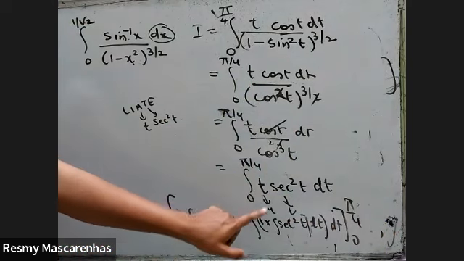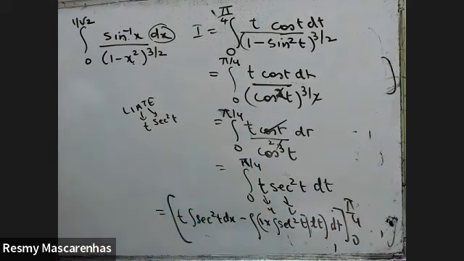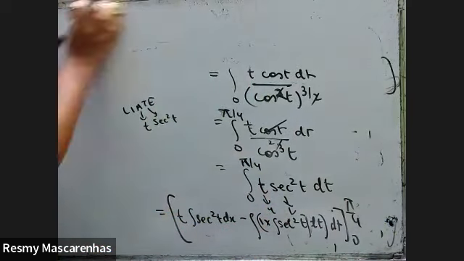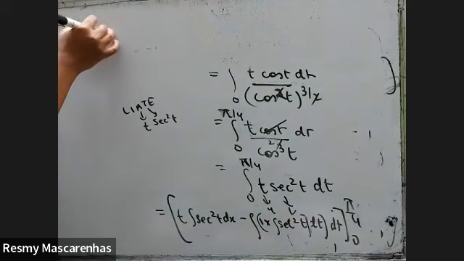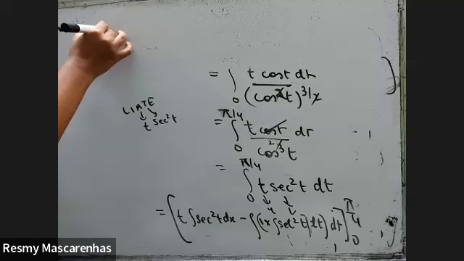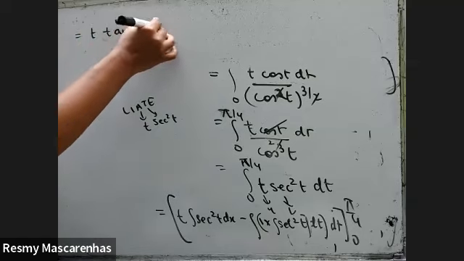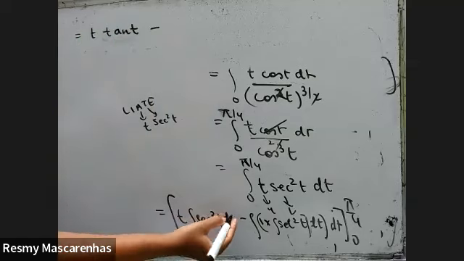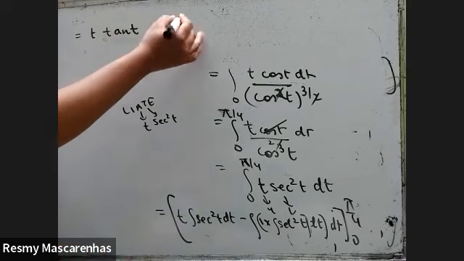So derivative of t with respect to t is anyways 1 only. So t times integral of sec square t, which is tan of t. This is dt, minus integral of tan t dt.